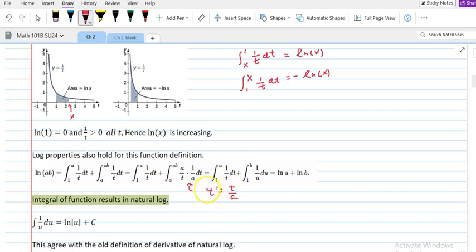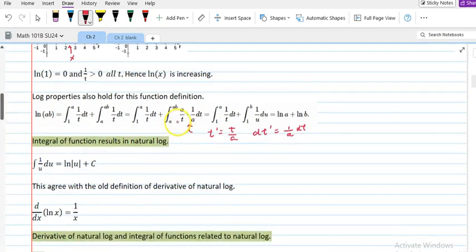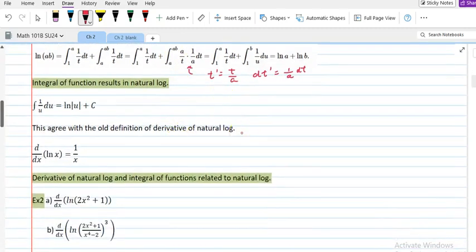Then a over t would be 1 over t prime, and dt prime would equal 1 over a dt. So a over t dt over a becomes dt prime over t prime, and then we also switch all of these limits to a and b. So it becomes ln a plus ln b. So whatever we find by defining ln x this way actually matches exactly what we have done.